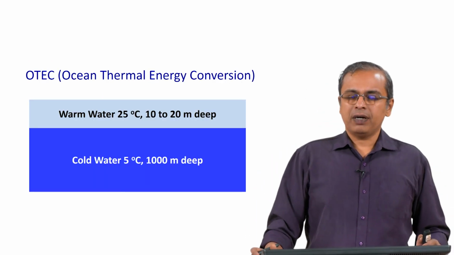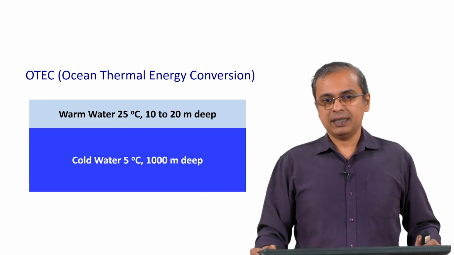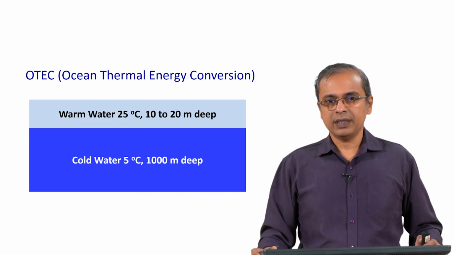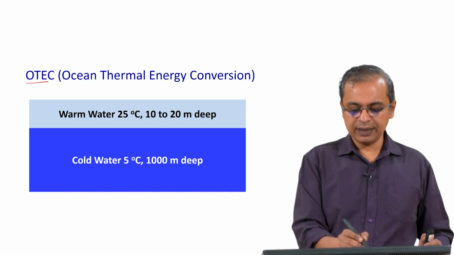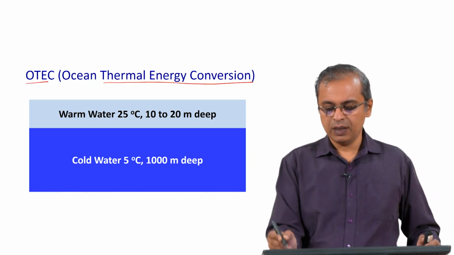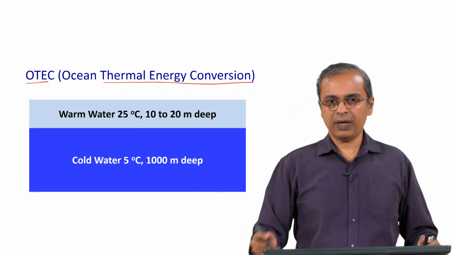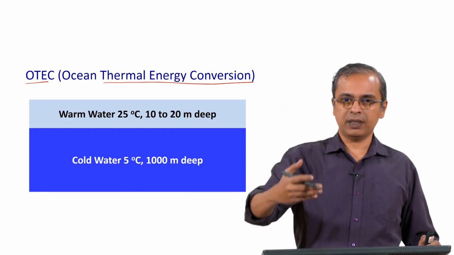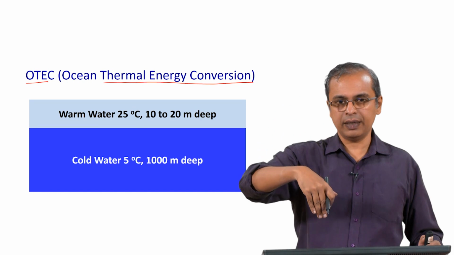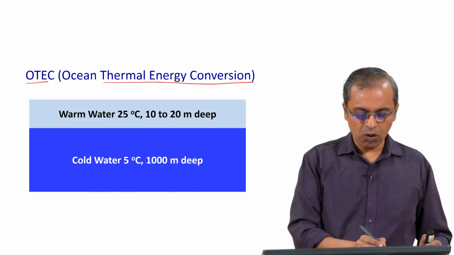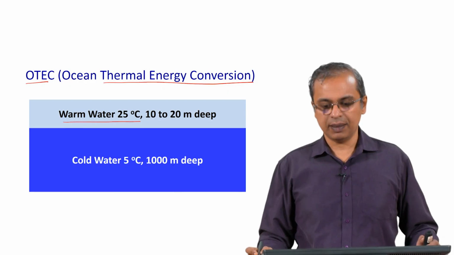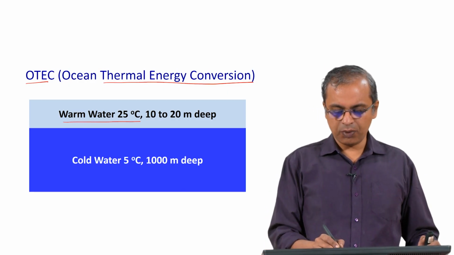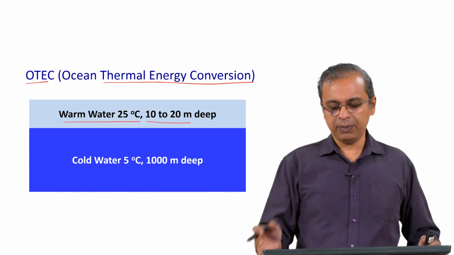Then there are a couple of ways in which we can tap ocean energy. There is still energy available in the ocean, and one of them is the OTEC process, ocean thermal energy conversion. This is based on the idea that if you look at the temperature of the ocean from the surface down deeper, you will find that there is warm water at the top, about 25 degrees centigrade, in the top layer, which is about 10-20 meters deep.